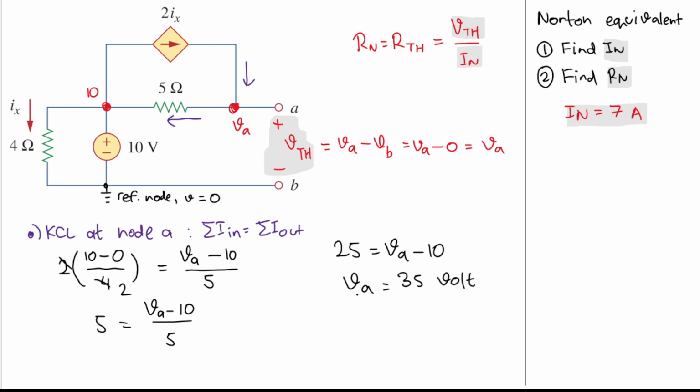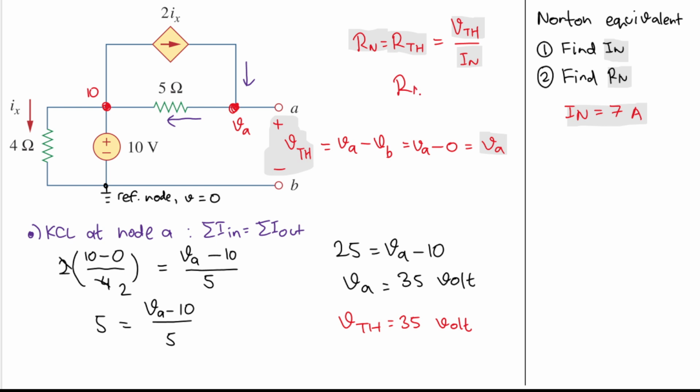But then if VA is 35 volt, we know VTH, right? VTH is equal to VA. So we will have VTH there. VTH is equal to 35 volt. But then if we know VTH and we know IN, we can find out what RN is here. So let's calculate that.